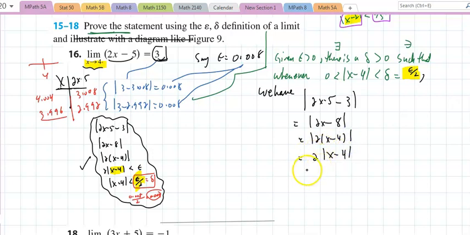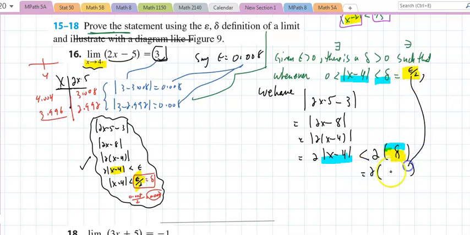Now, let's make sure you're solid clear on this. This is less than 2 times what? Do you see this here? Isn't that less than delta? And didn't we choose delta to be epsilon over 2, which equals epsilon?